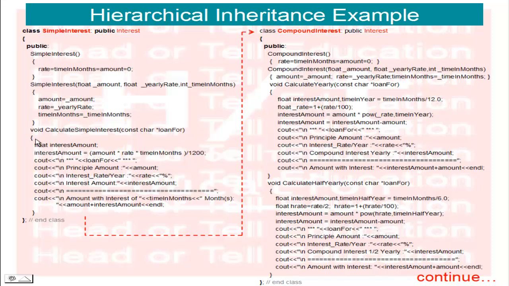Now one public method, calculate simple interest. Here I pass a const char loan for, and a float variable interest amount, and interest amount equals amount multiplied by rate multiplied by time in months, divided by 1200.